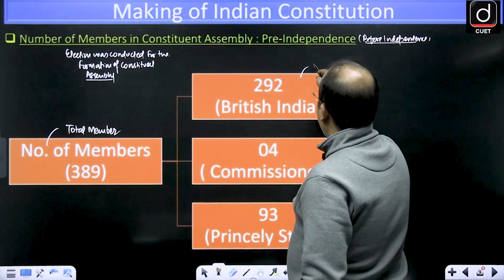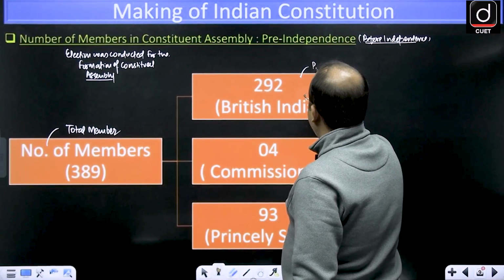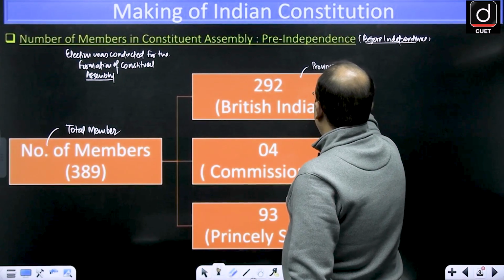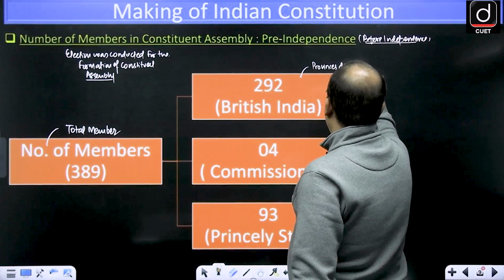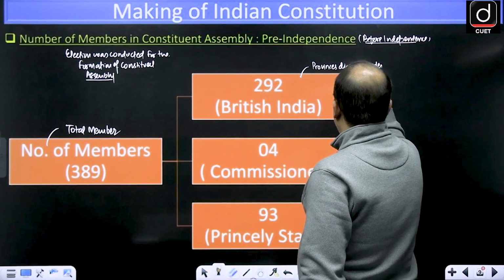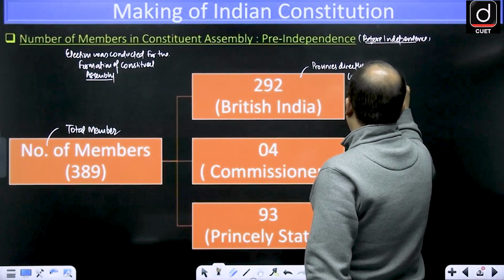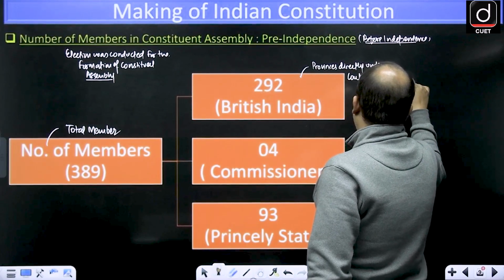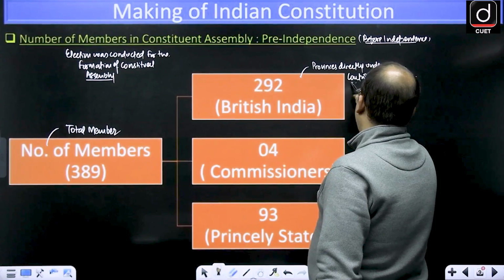British India means the provinces directly under the control of the British government.